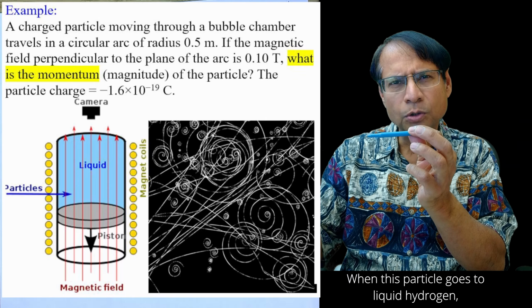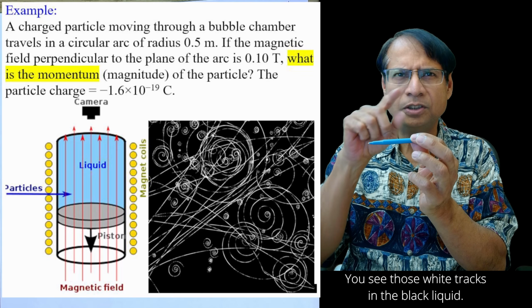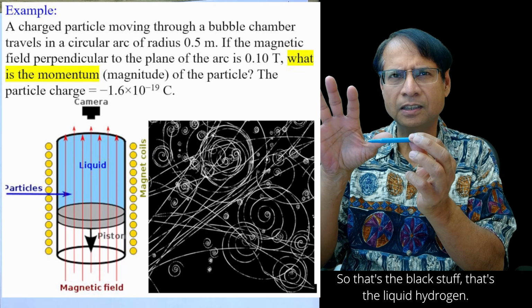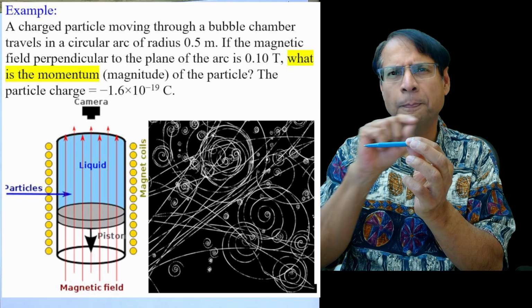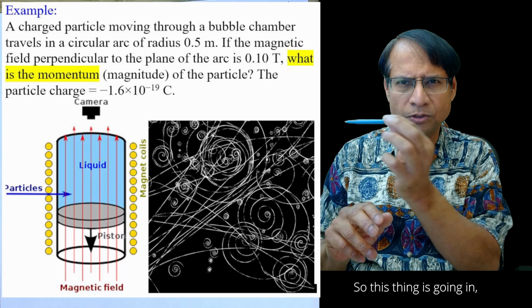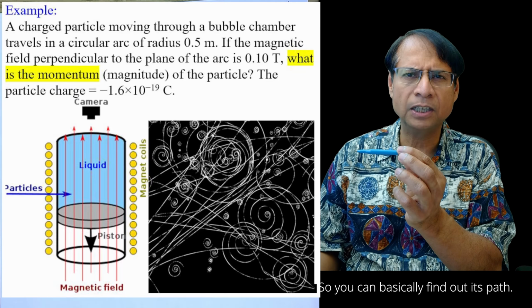When this particle goes through liquid hydrogen, it creates a trail of bubbles. You see those white tracks in that black liquid? The black stuff is the liquid hydrogen. Those white lines are trails of bubbles. So this thing goes in, it leaves behind a trail of bubbles, so you can basically find out its path.